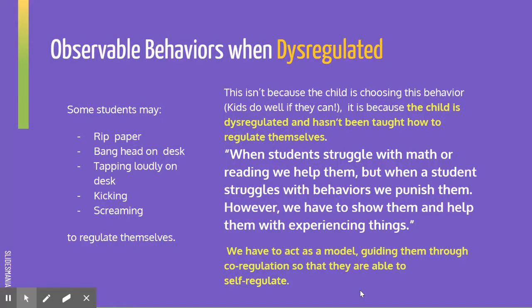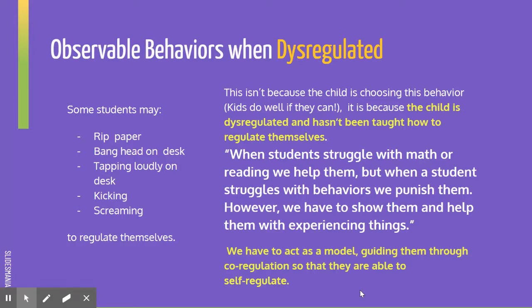So when someone is dysregulated, there are oftentimes very observable behaviors connected to that. Some students may withdraw, or some students may appear aggressive. They may rip the paper, bang their heads on desks, tap loudly, kick, scream.